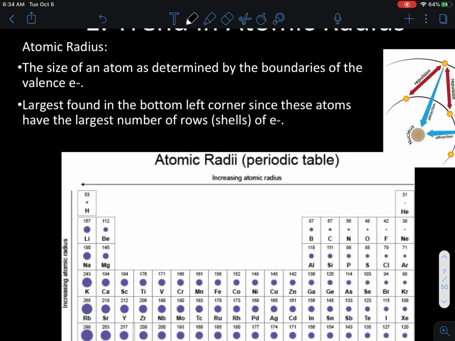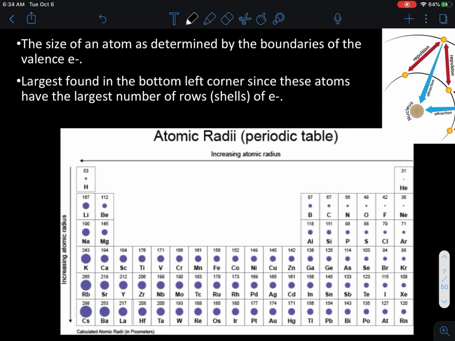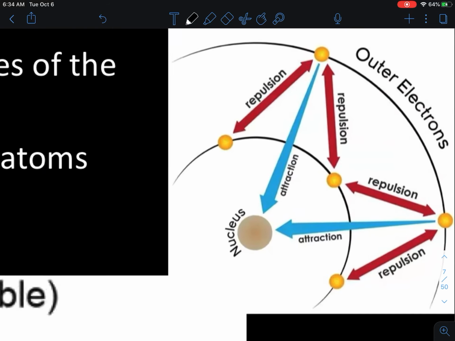So the largest is found in the bottom left, they have a large number of rows or shells of electrons, and the largest is not the right side, which has more protons, more electrons. And this is the idea of shielding. So shielding, what is that? In essence, you have your nucleus in the center of the atom, and you have electrons closer to the nucleus.